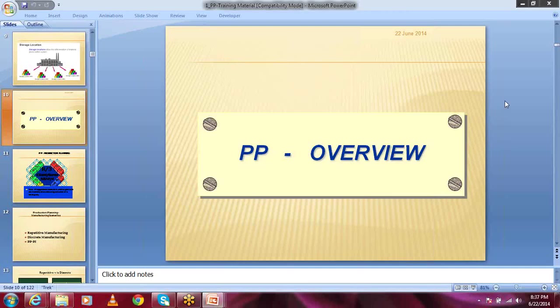Shyam, do you want to ask me anything? Yeah, I just want to ask at a very high level, because everybody will start from the introduction and overview of the PP module. My request is that you take us through the planning concepts: what is the output of MRP, what is the input for MRP, do we do forecasting at plant level or for all the plants, what does rough-cut capacity planning do, what does capacity planning do.